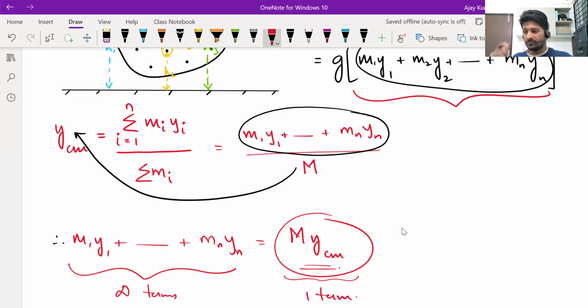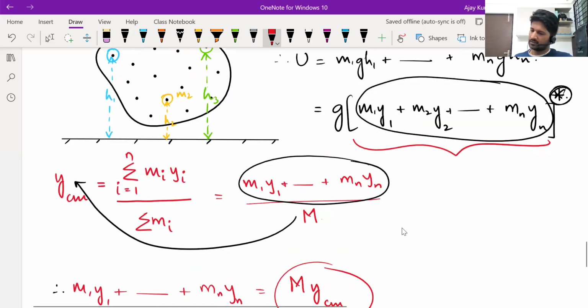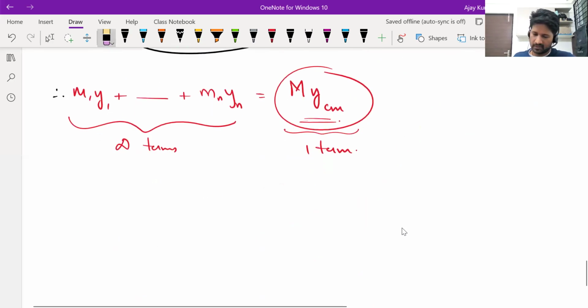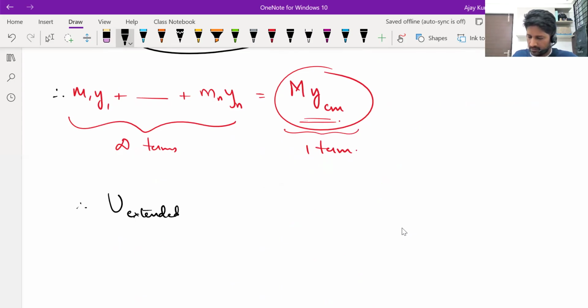Okay, so it's like center of mass represents all the particles now for potential energy calculations. So this entire bracket can be replaced by m into ycm. Therefore, the potential energy of this extended system or extended object, I'll call it, is equal to, I should write capital M, total mass of the extended system, g, y coordinate of center of mass, or you can also treat it as height of center of mass.